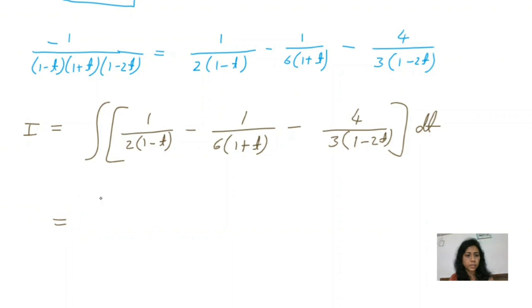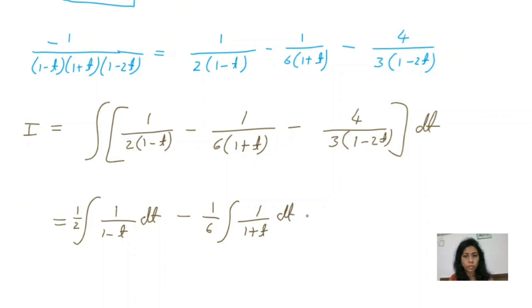Now we can write separately. This is 1 upon 2 integration of 1 upon (1 minus t) dt, minus 1 upon 6 integration of 1 upon (1 plus t) dt, minus 4 upon 3 integration of 1 upon (1 minus 2t) dt.